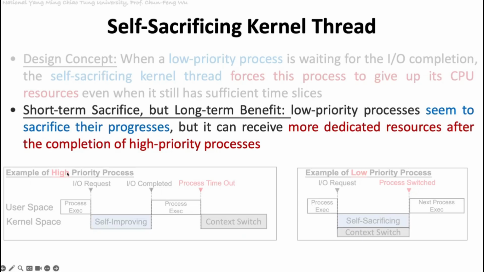So in this case, the high priority process has a better chance to finish its task earlier. And if most of the high priority processes finish earlier, then when the low priority process is executing, it can get longer execution time. So this is the reason why we say short-term sacrifice but long-term benefit here.